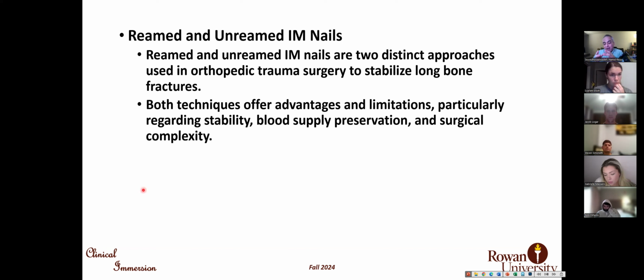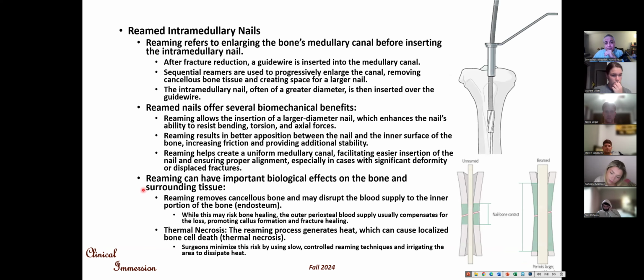After reaming, we have a cylindrical cavity inside the medullary canal, and now we can insert the intramedullary nail easily inside that cavity. But is inserting the nail easily our only goal? No.